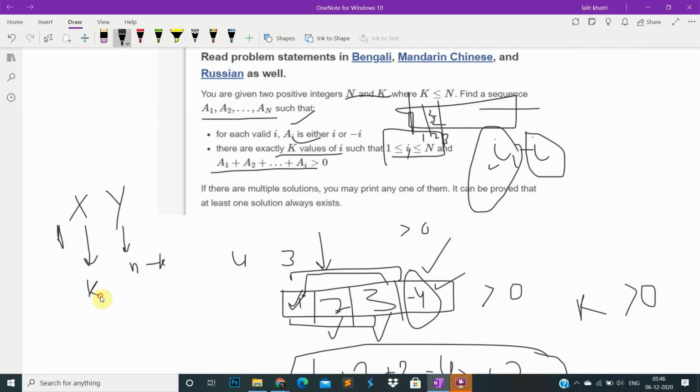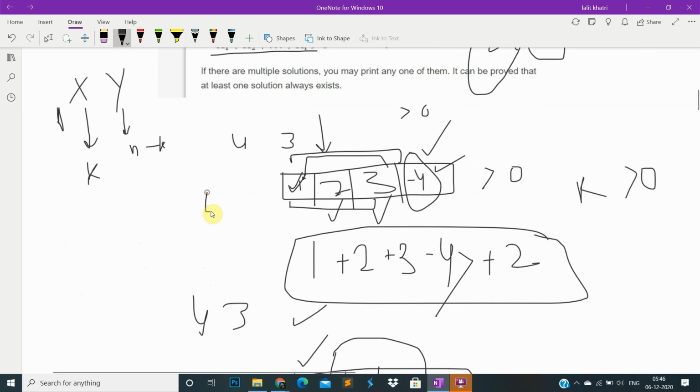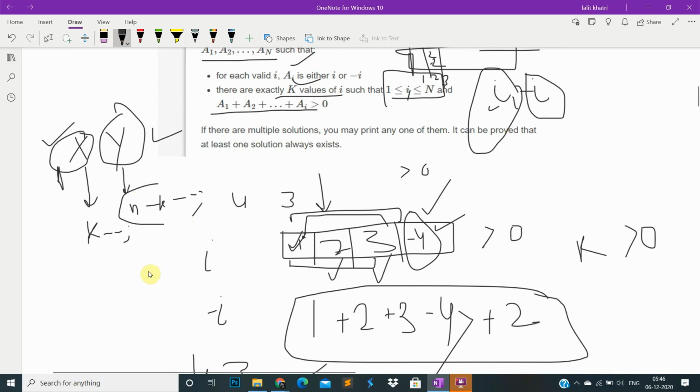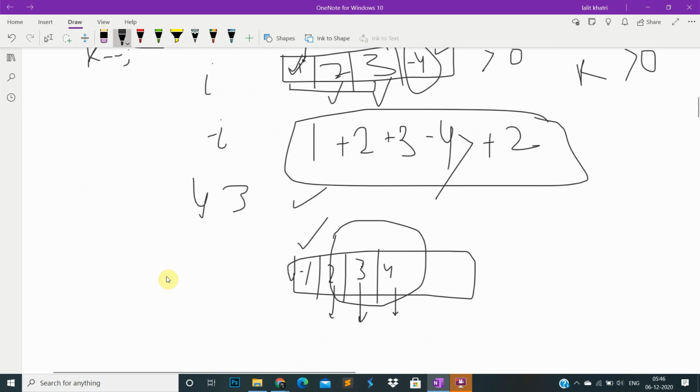As we fill i or minus i, we subtract 1 from the corresponding variable. If y becomes 0, then all others will be positive, and if x becomes 0, then all others will be negative. Just store how many positive and how many negative values are required in two variables, and think how to arrange the values so that they cannot be affected by others.